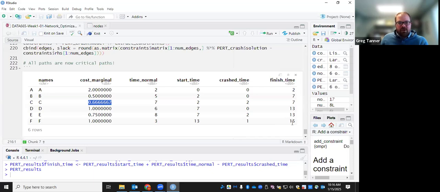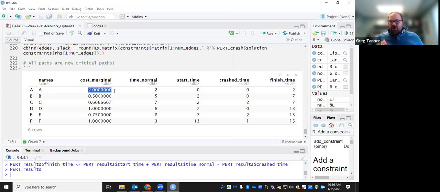Looking at the activities that we did crash, C was the cheapest per unit time, then E, then F. We notice A was also on the critical path, but it had a marginal cost of 2, so it was the most expensive of the activities on the critical path to crash, and we didn't crash it.